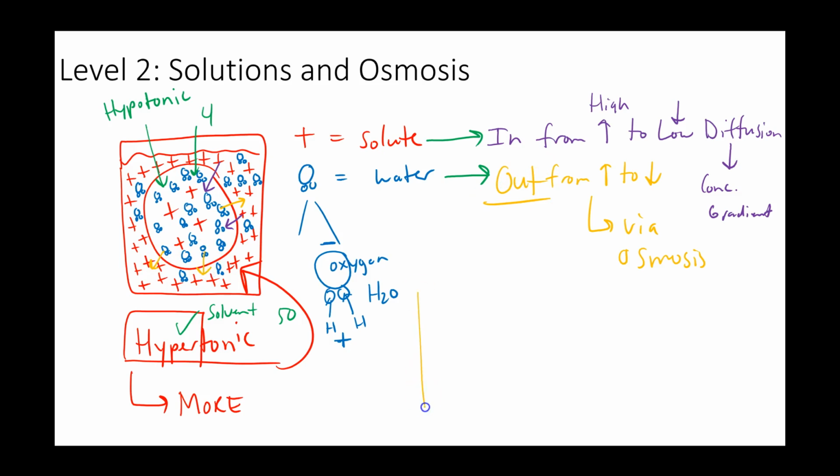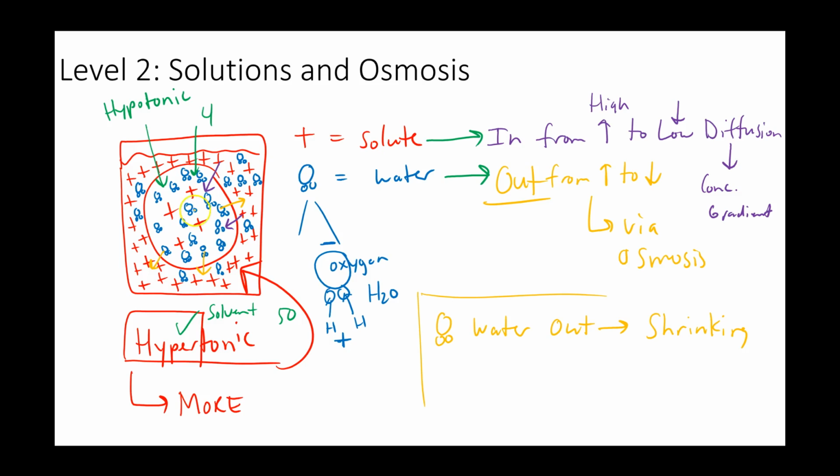So what will happen to the cell? Well, we talked about in class that solute contributes very little to either the swelling or the shrinking of the cell. So now, based on water wanting to leave, water out would lead to cell shrinking. Okay, so that water moving out will lead to cell shrinking.